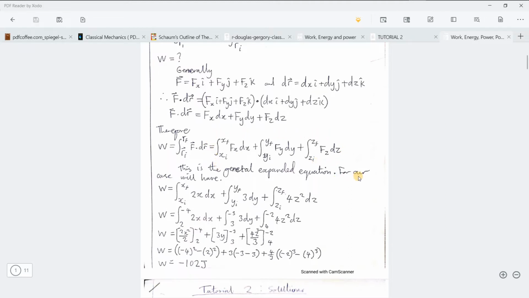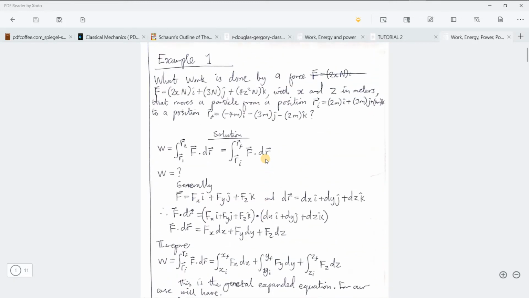Now for our case, we'll have work equals the integral from xi to xf of 2x dx. For our case, our x component of force is just 2x, as you can see in this question. We neglect the newton because we don't want to deal with the units. We just want the value with its variable here. So we take 2x there.